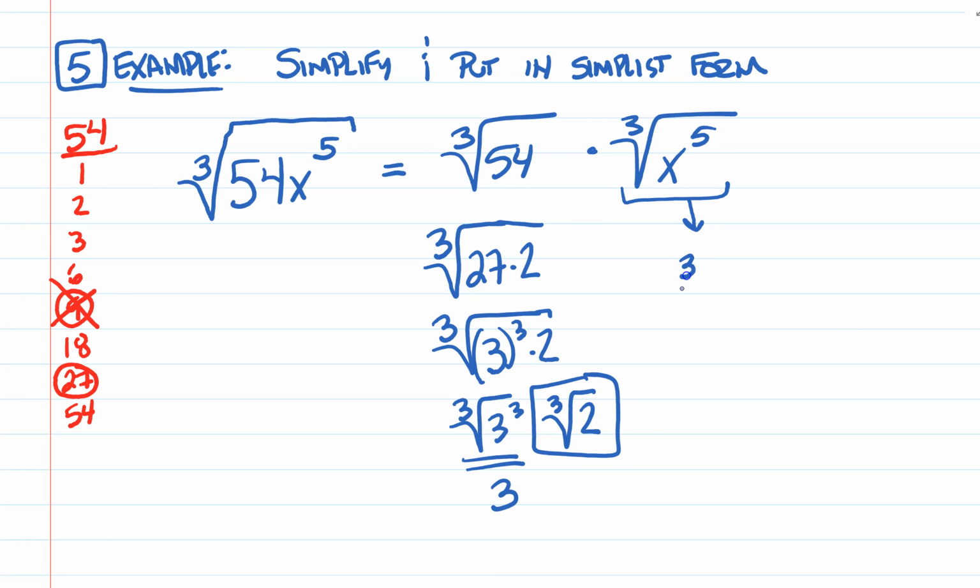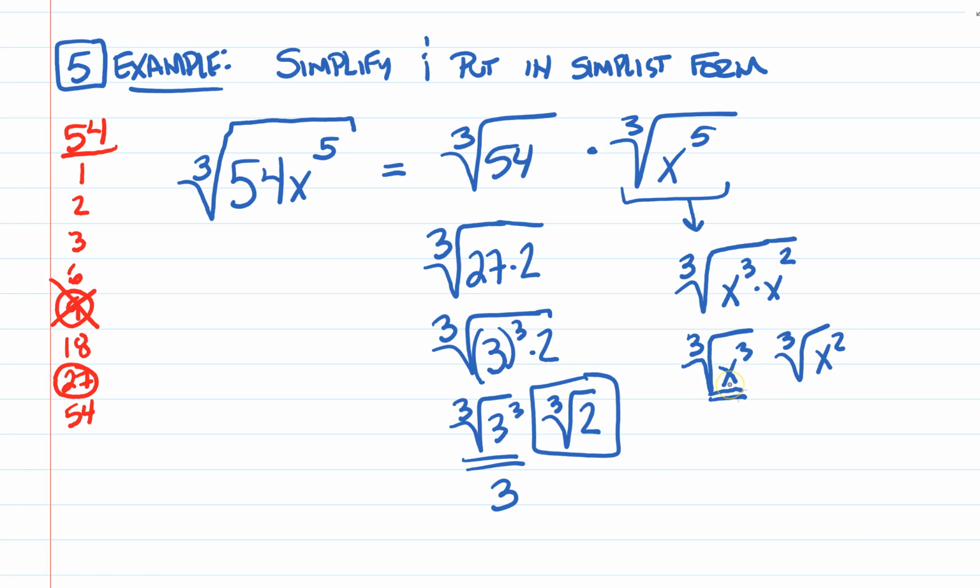Now this can be broken down to the cube root of x to the 3rd times x squared, because when we multiply our like bases, we add the exponents, and 3 plus 2 makes 5. This is going to be the cube root of x to the 3rd times the cube root of x squared.